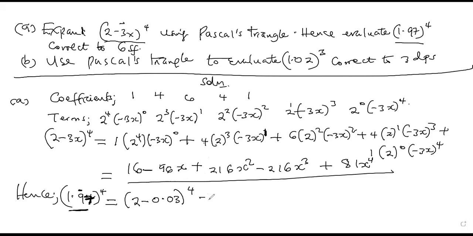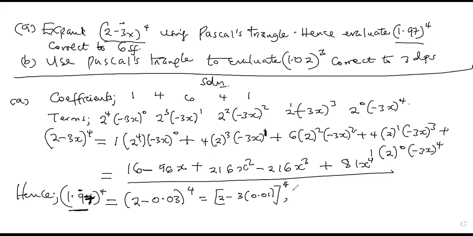So this is the same as 2 minus, you see here we have a 3 out and then another figure x. So we shall say 3 into 0.01, so that I can easily know what x is equal to, to the power 4.